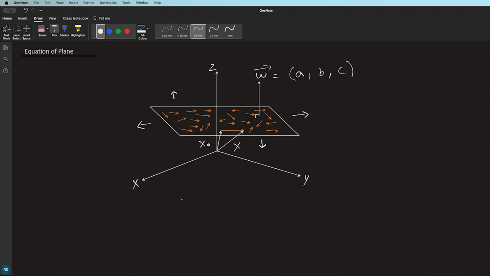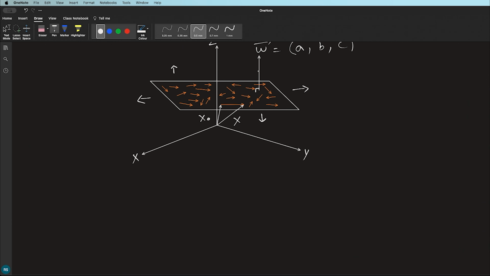Now I want to find the length of this vector that I have sketched or selected. Okay, so the length of this vector is considered as x minus x naught.